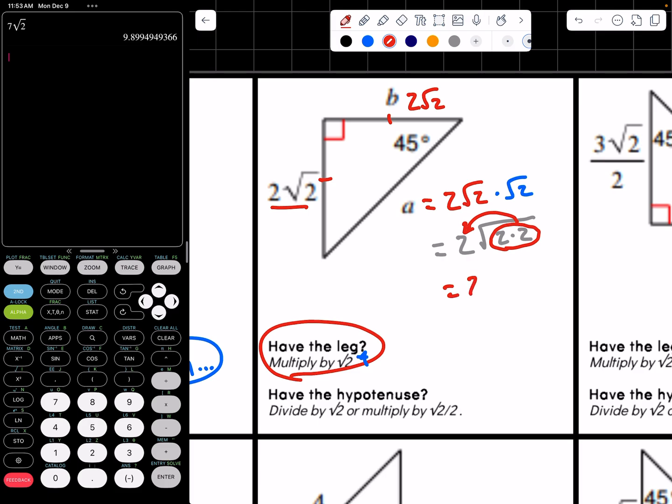So here I would have 2 times, I have a pair of 2's, so I can pull out 1 and remove the square root because the only thing left there is 1, and the square root of 1 is going to be 1. So I'm left with 2 times 2. A is going to equal 4 in this scenario. And like we said, B is going to be 2 root 2. We already had that figured out.